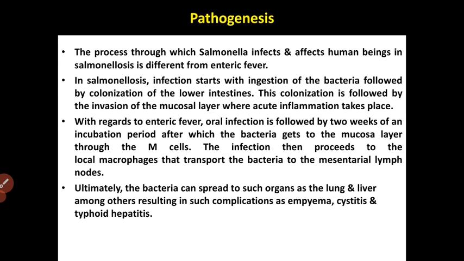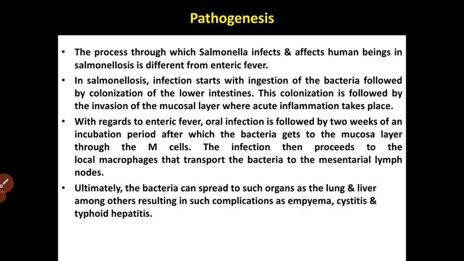Okay, let's start. Pathogenesis. The process through which Salmonella infects and affects human beings in salmonellosis is different from enteric fever. Now we have seen pathogenesis in E. coli. It was different. So every pathogen will have its own pathogenesis.